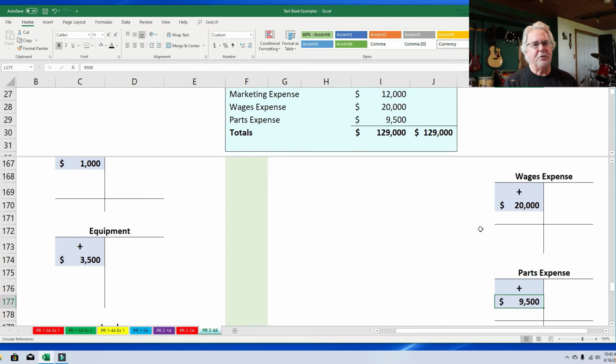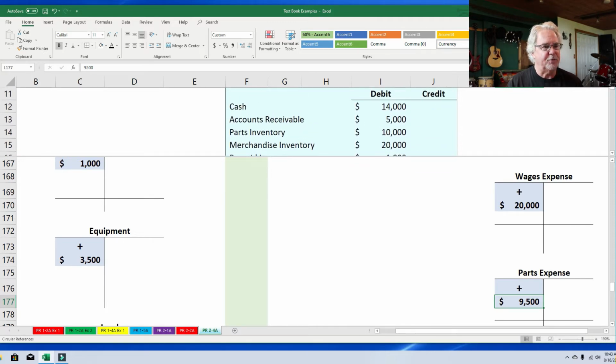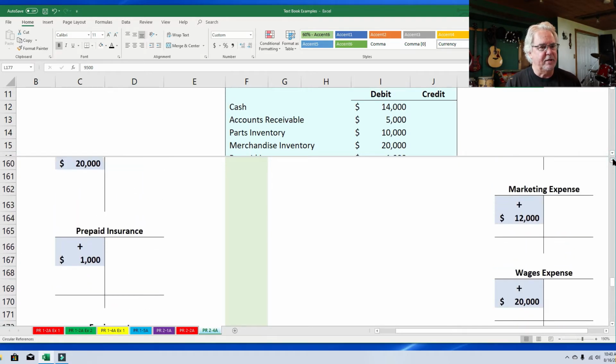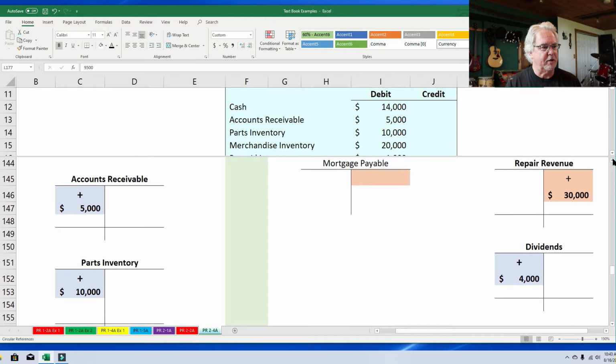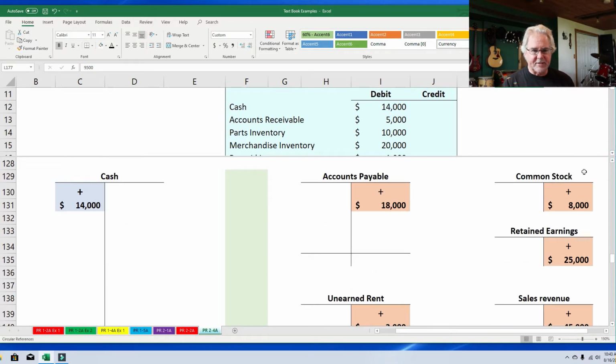Now, it would be a really good idea, and we're not going to do this, but if it were me and I was writing this all out or doing it on Excel, I would go back and double check my work one more time, because if you miss a number or you put it in the wrong spot or whatever, things are going to be a big mess and you'll have a hard time figuring out what went wrong.